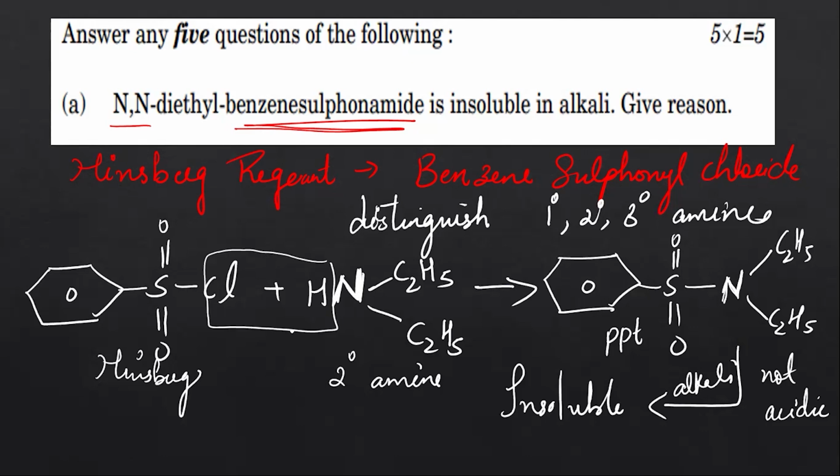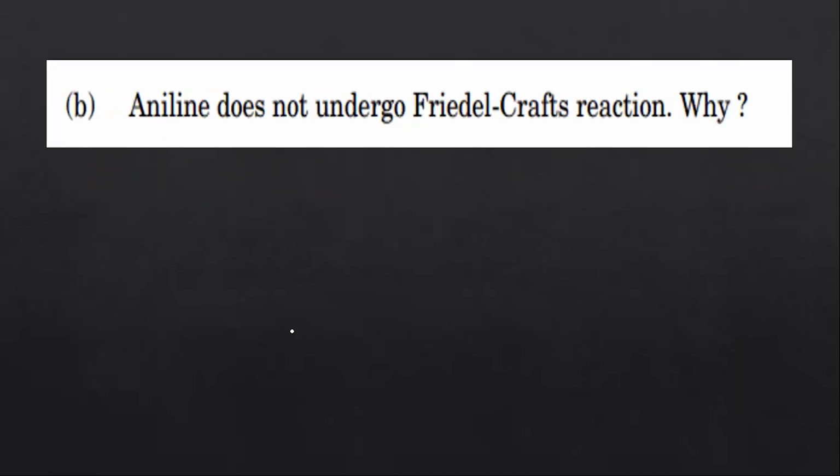Very important. Next question: aniline does not undergo Friedel-Crafts reaction. Just write down the aniline structure, benzene ring and NH2. This is aniline. In the Friedel-Crafts reaction, which is the main catalyst we are using?